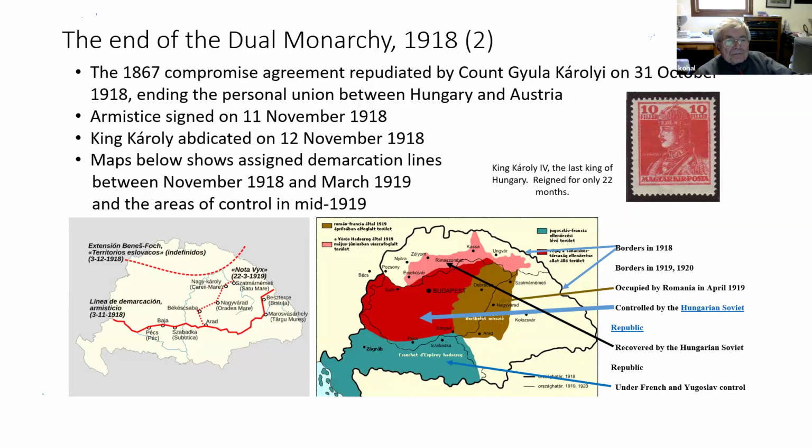The little map on the lower left shows the effective line of Czechoslovak control.